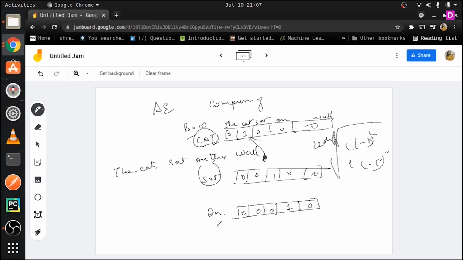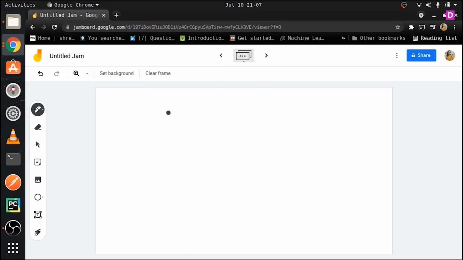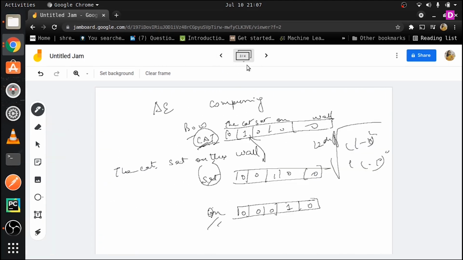So here is the problem, okay? See, the way cat and sat are related is not the same way in which cat and on are related. However, the difference between each of these terms remains the same. So that is the problem with bag of words, right? First of all, it does not understand the context. Secondly, for these frequency based methods, you do not understand how one word is related to the other word.